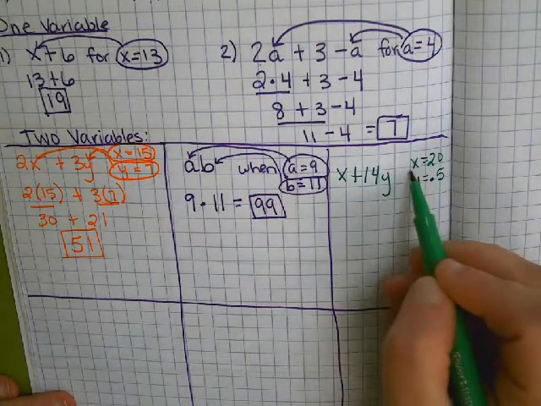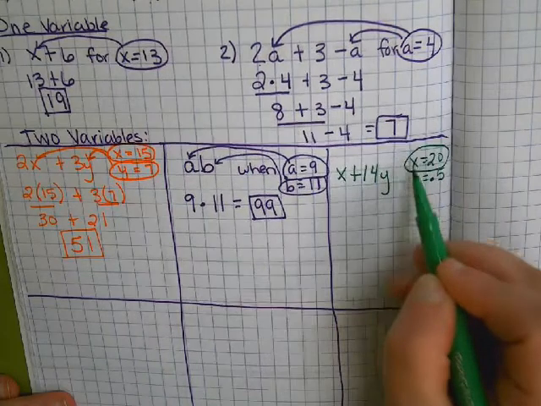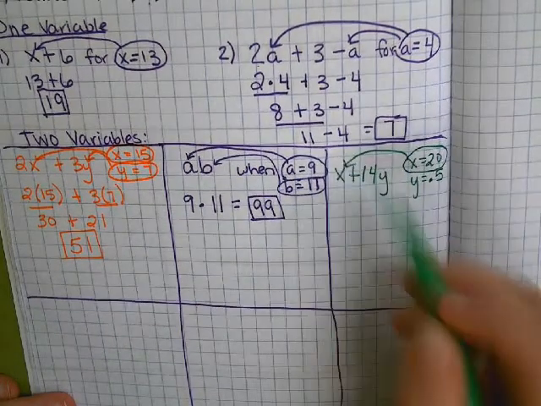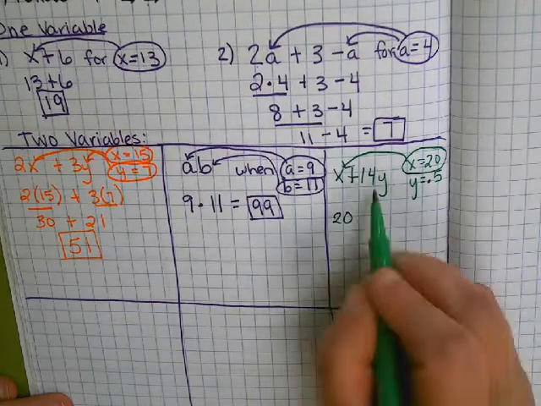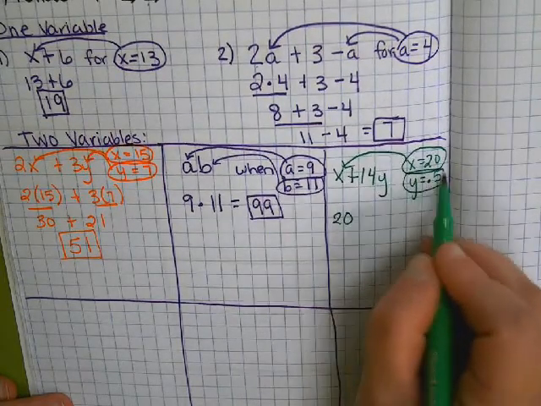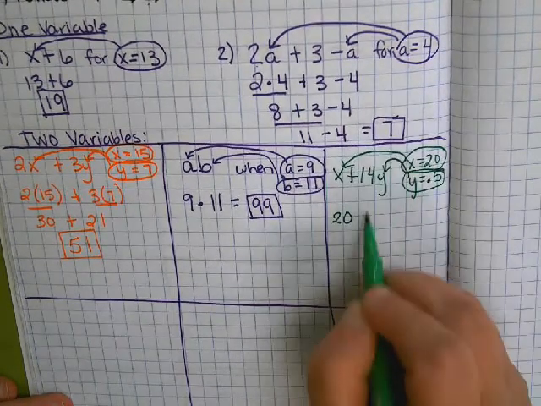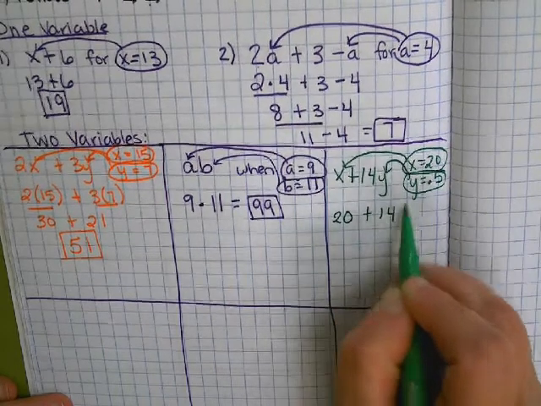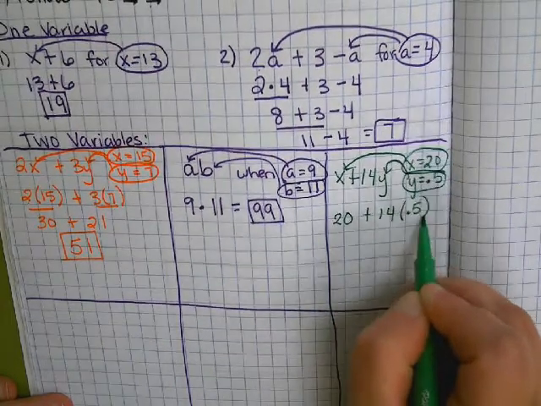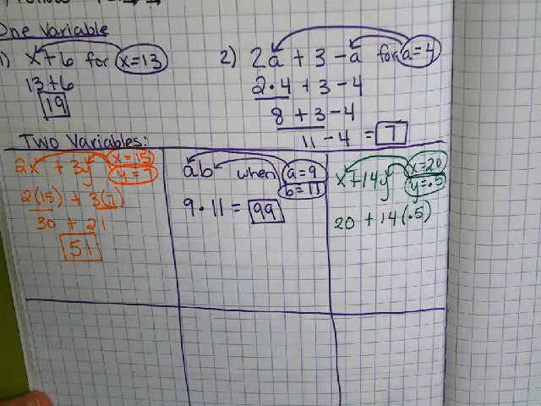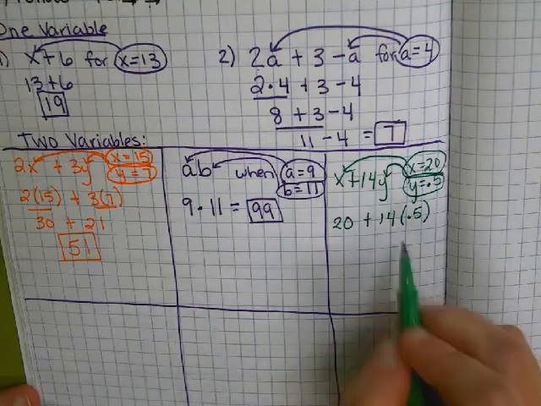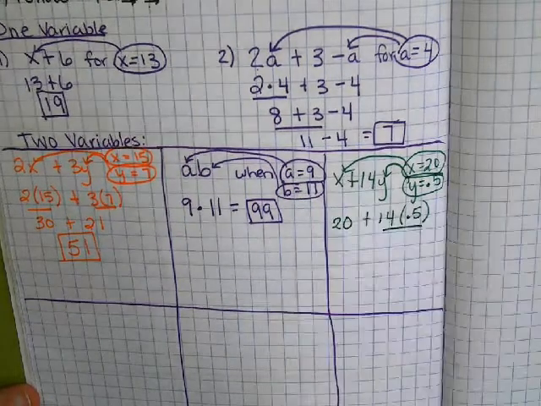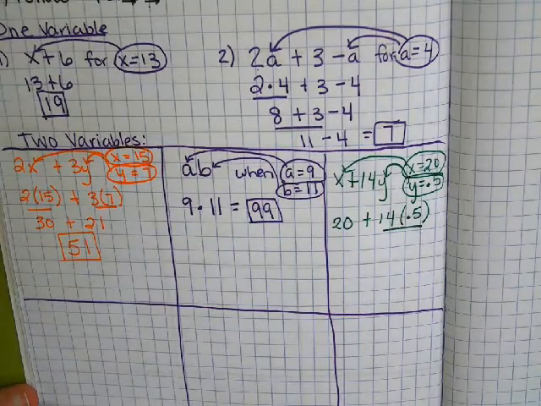Alright, so you've pressed play, you're ready to look at it. So we're going to pick our X and put in 20. And our Y goes where Y is, be careful, to get 14 times 0.5. Then it says follow order of operations. 14 times 0.5.